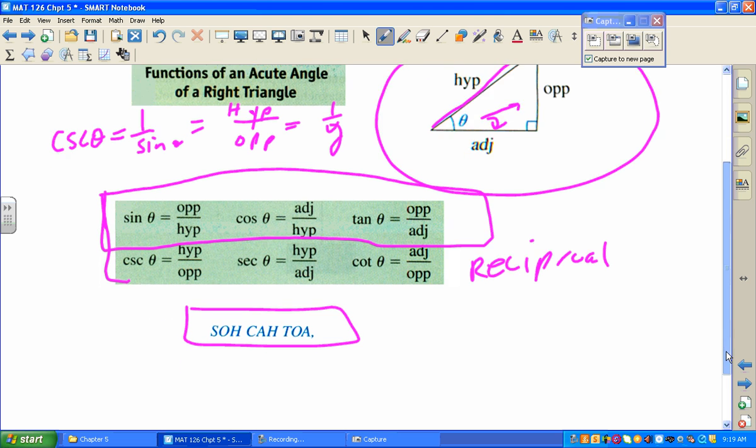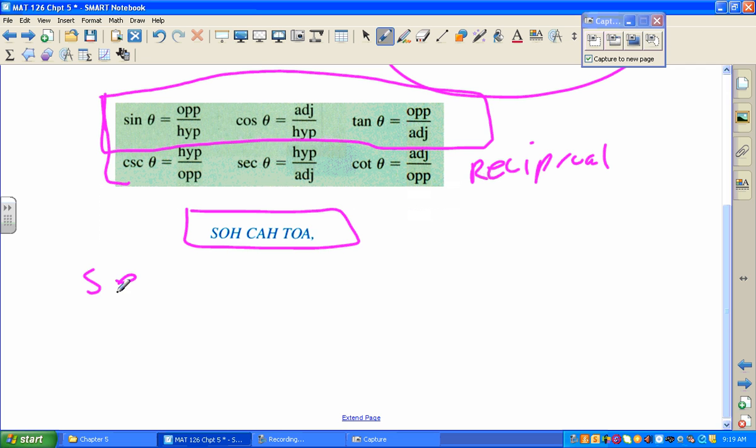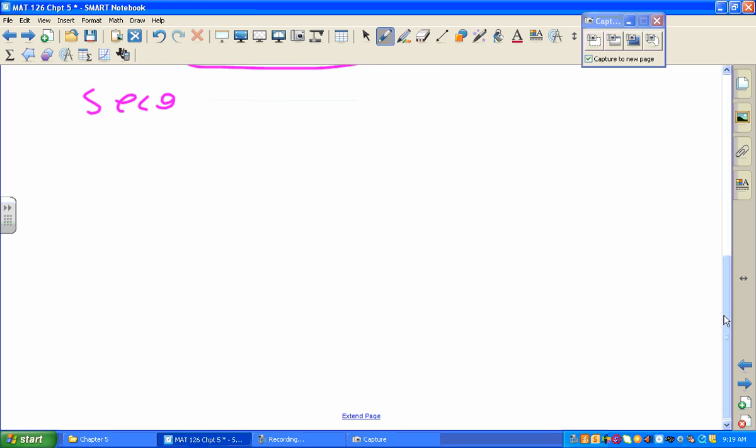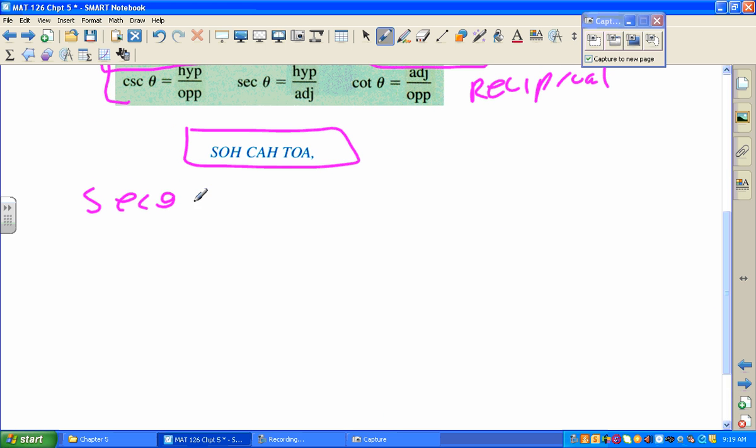If I ask the definitions for secant. Secant of theta equals what? Yeah, it equals hypotenuse over adjacent. It also equals 1 over cosine. And it also equals 1 over x. It depends where you're looking and what you're working with to know which one it is. But you have to know all three.